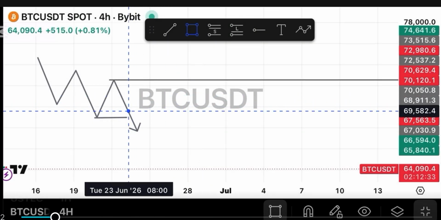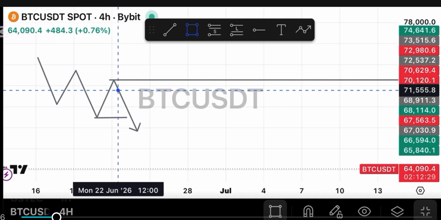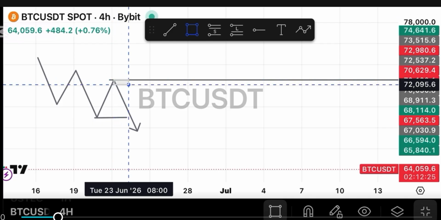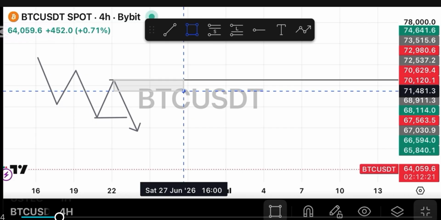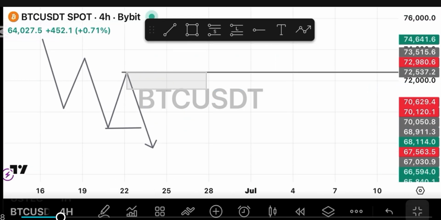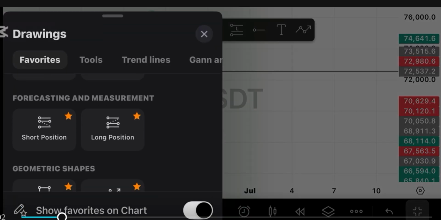We look for the supply zone that matches the good supply zone before the break of this structure. Most times the exchange supply zone tends to be the best, and then we expect the market to pull back to that supply zone, and what? We are going to sell the market down.